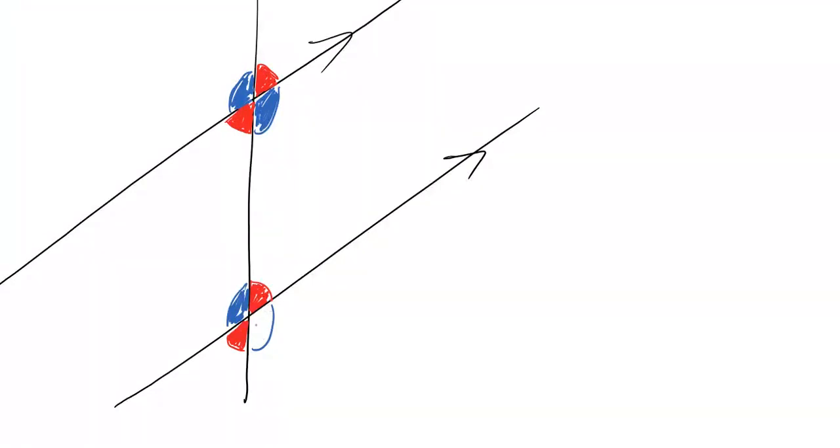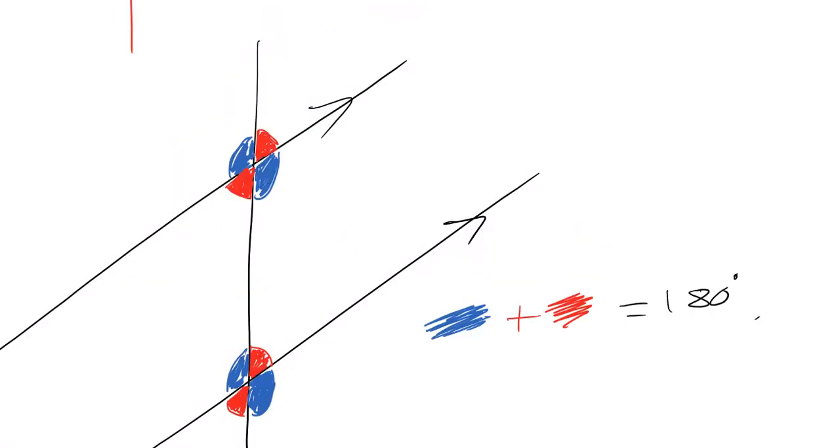So if we can remember that we have matching sets of angles, and there's only two possible angles there, and we can also remember that the blue angle plus the red angle is equal to 180 degrees, then that's all the information we need to solve any angle problem in parallel lines. We already know things about triangles and quadrilaterals and round a point and all that sort of thing. So let's try and put that together now and solve some angle questions.